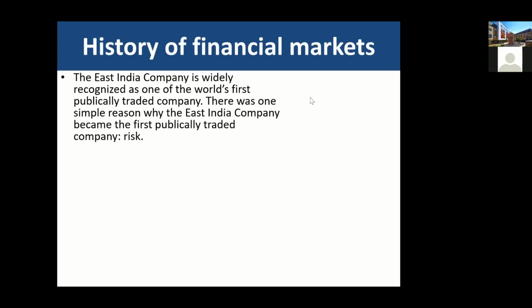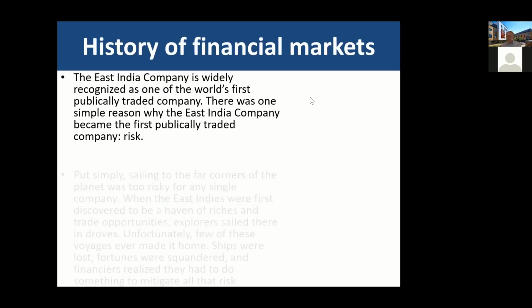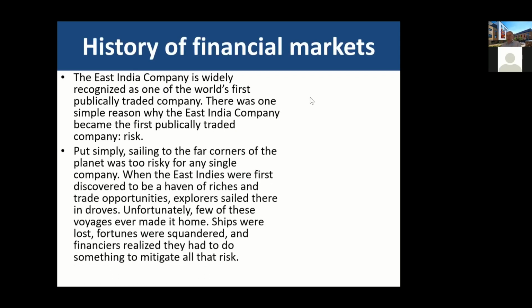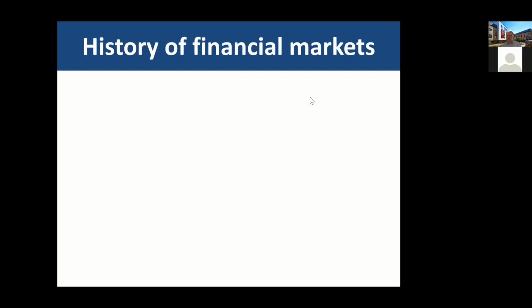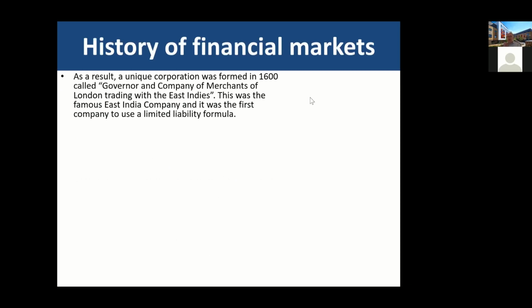And the risk was that the cargo would never reach its destination, either because of bad weather or pirates. So it was very risky for an investor to put all their money into one shipment of cargo. So a way was found to mitigate this risk, and this was to set up what was known as a publicly traded company based upon the limited liability formula.